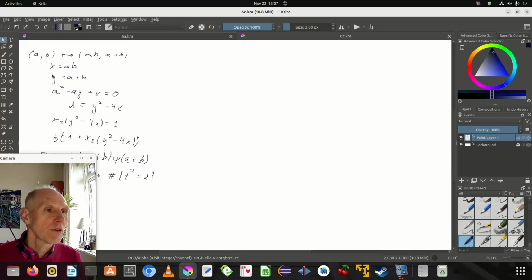We multiply the last equation by a, we get a squared minus ay plus ab. That's a second degree equation, a quadratic equation. And the discriminant is given by this. So we have two solutions if this is 1, and if it's naught, then we have 1.